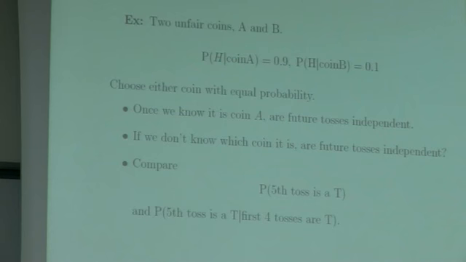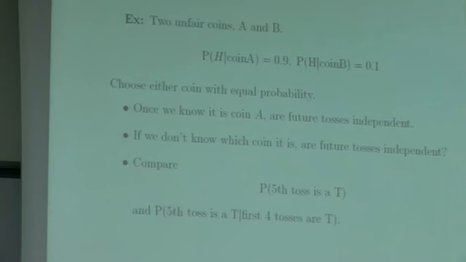If you can observe the outcomes of the past tosses, you start making an inference about the future. In fact, you can infer something about which coin you have, and then in the rest of the time you could use the probabilities for that coin. So here's what I mean.